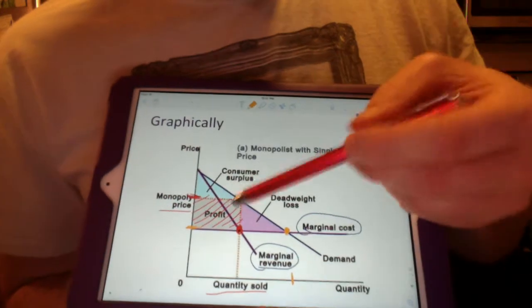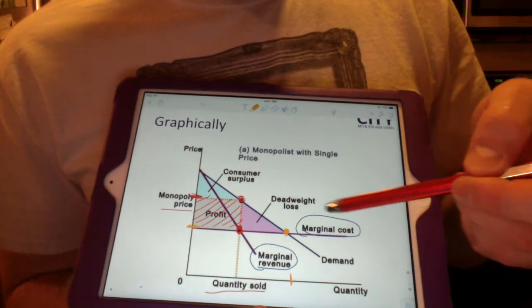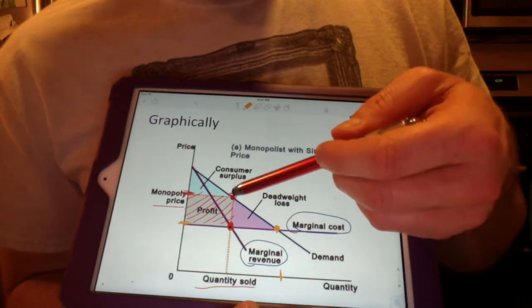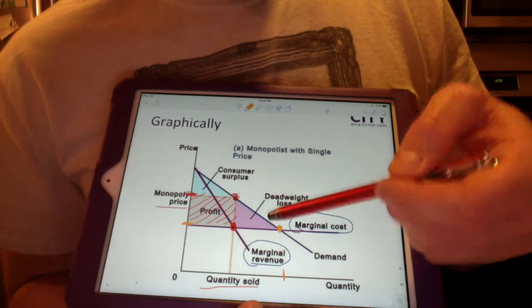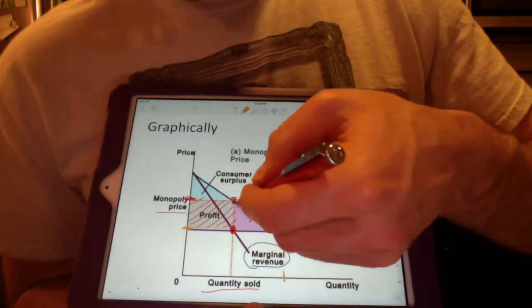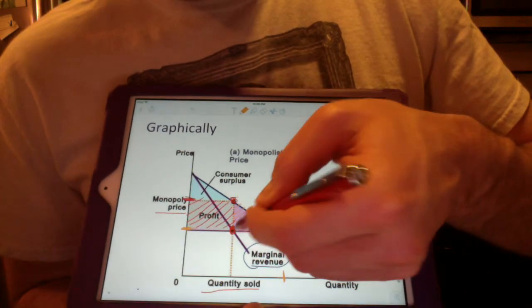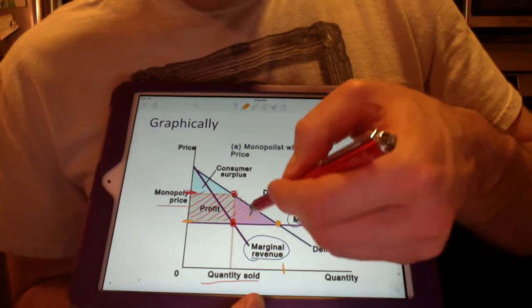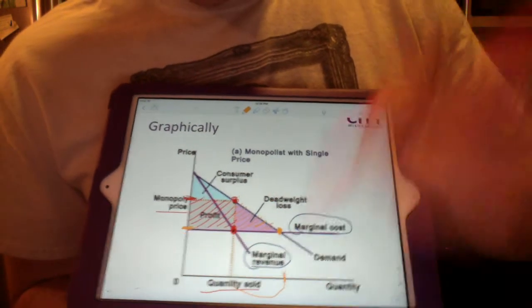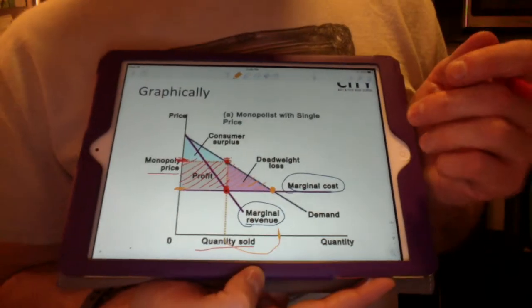Now what we'll see is we don't get profit anymore because we're selling at the marginal cost rather than above the marginal cost. Selling at the marginal cost, so economic profit is 0. However, all these extra people benefit right here from this extra quantity at the bottom.